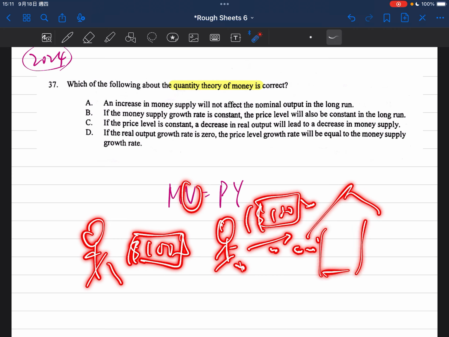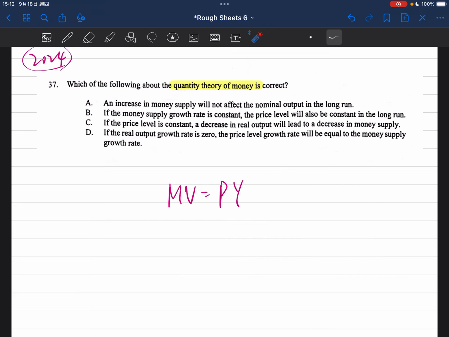So in this scenario, the $100 banknote is transferred 2 times. So the velocity of circulation is 2.